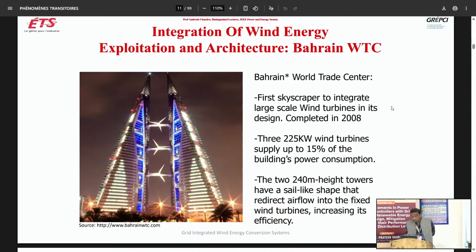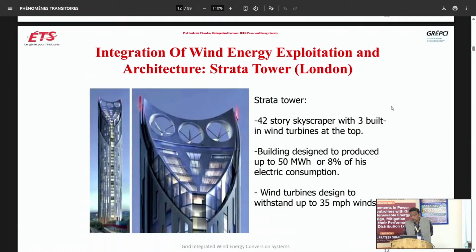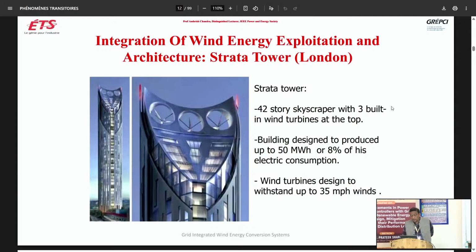A 225 kilowatt wind turbine is supplying 50% of the building's power consumption. Then the Strata Tower, a 42-story skyscraper with 3 built-in wind turbines at the top.